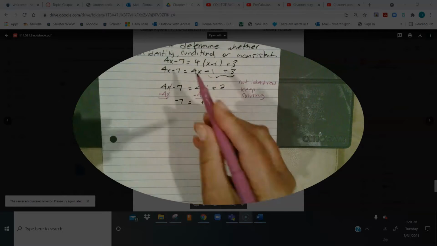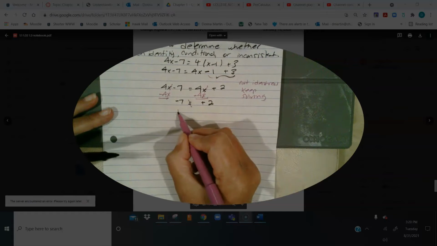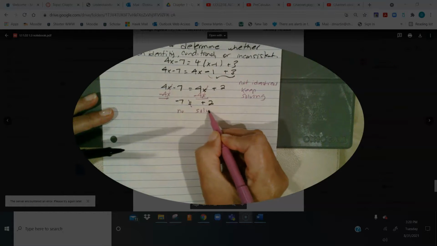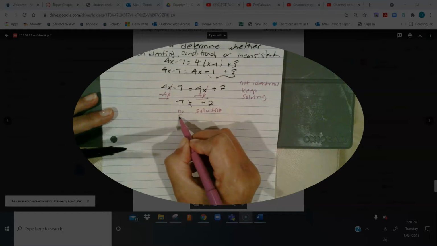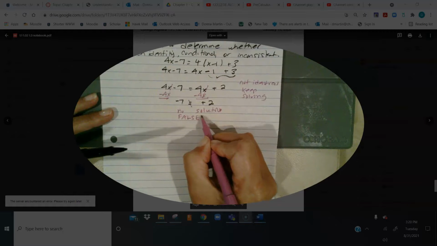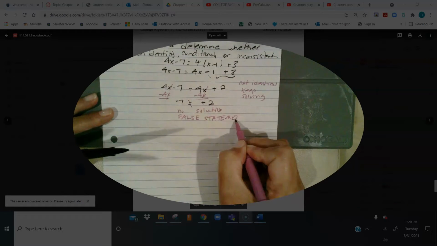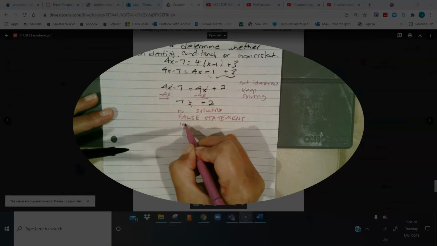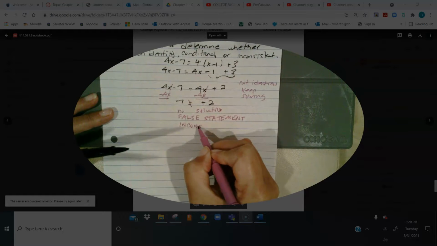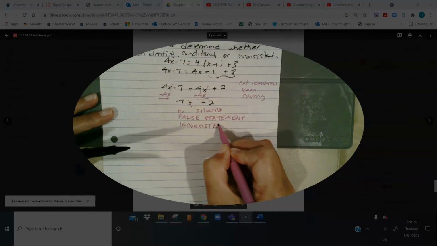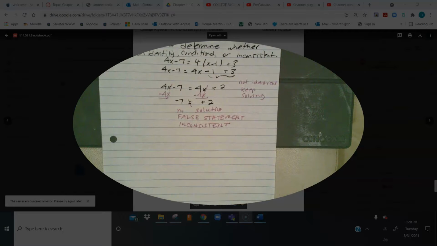Negative 7 is not equal to positive 2, therefore you have no solution, because this was a false statement. And this makes this equation inconsistent. How'd you do?